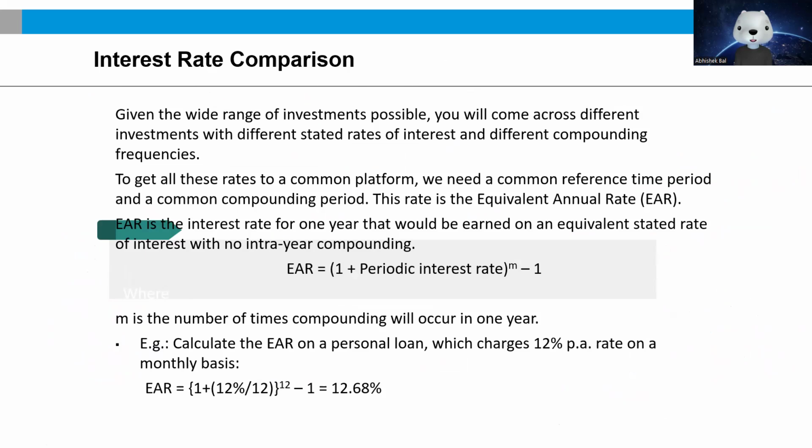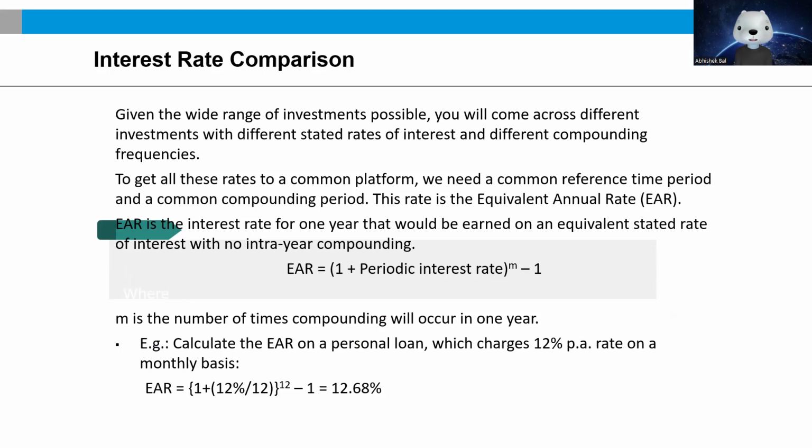But before that, as always, I'm going to build the intuition first. And this is what is known as the effective interest rate, or EAR, effective annualized rate. Sometimes it is called the effective or equivalent annual rate. They're one and the same thing.